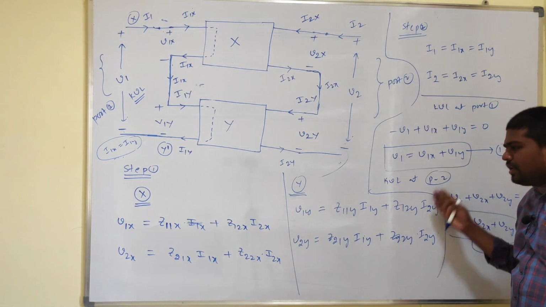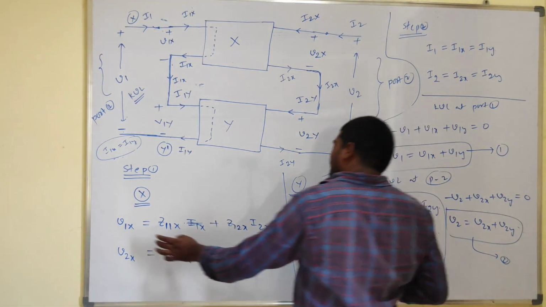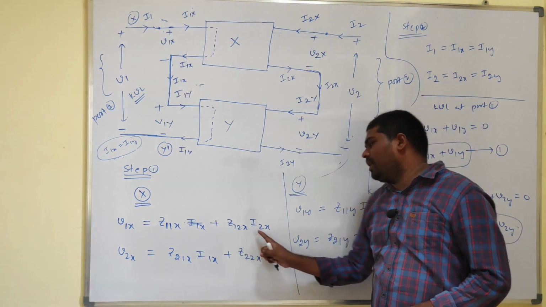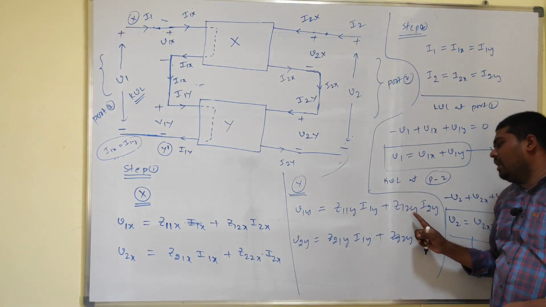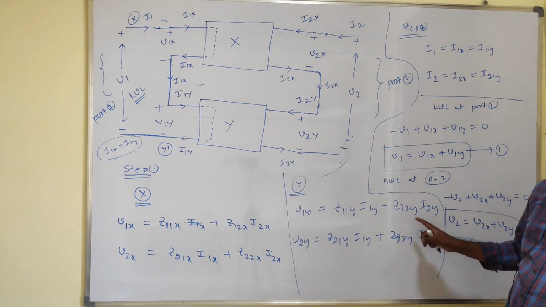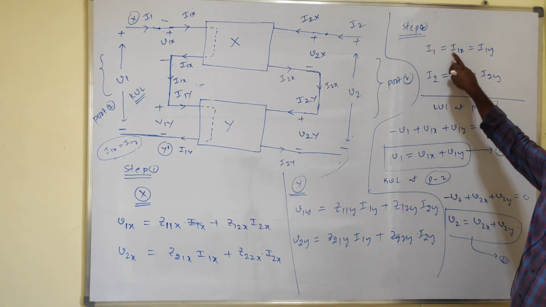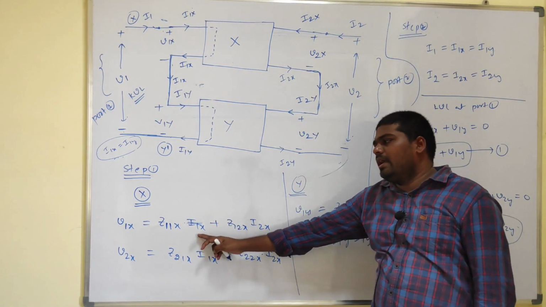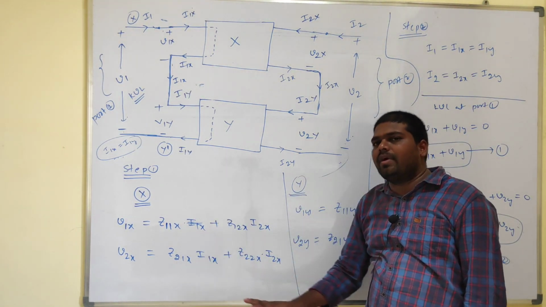Once these two expressions are substituted, I1x, I2x and I1y, I2y appear. But from the observation, I1 equals I1x equals I1y, so wherever I1x is there, you can substitute the I1 value. Why?